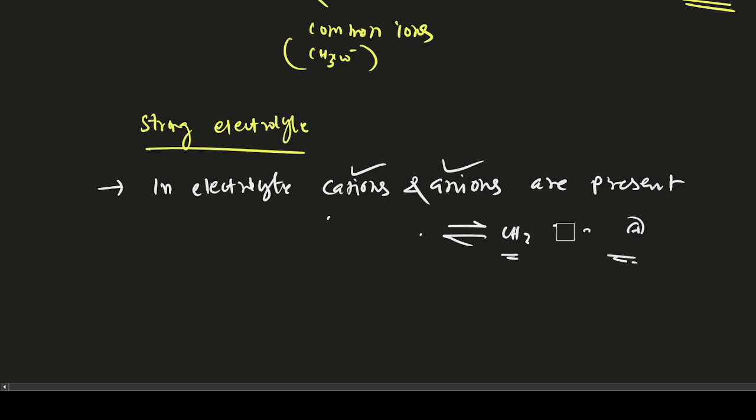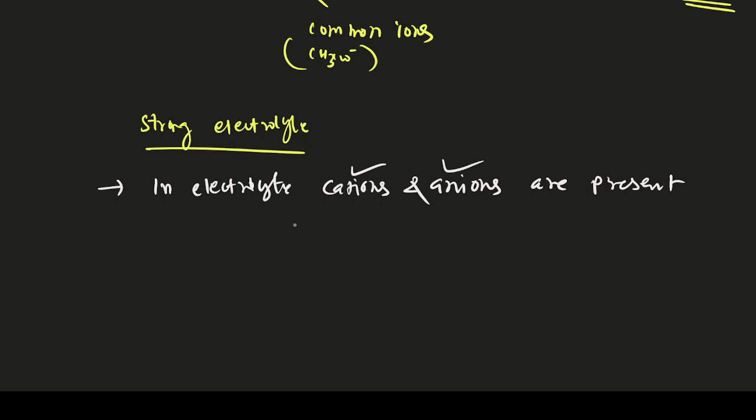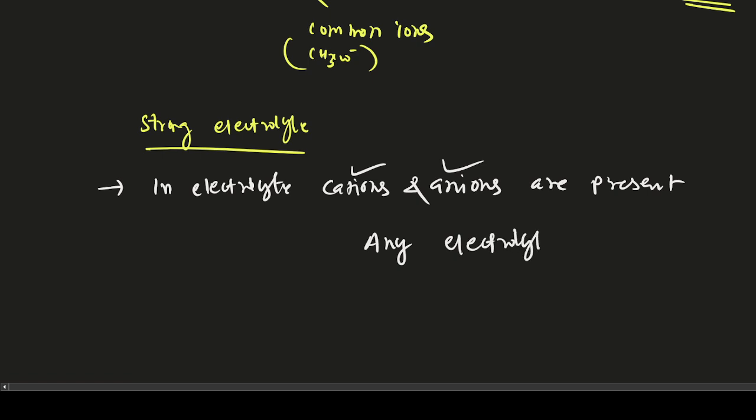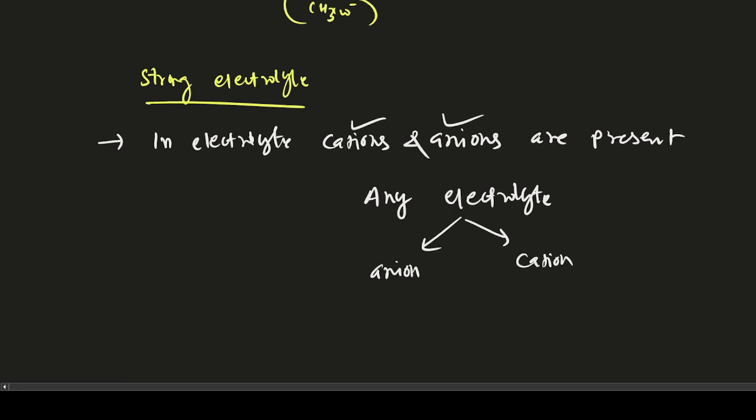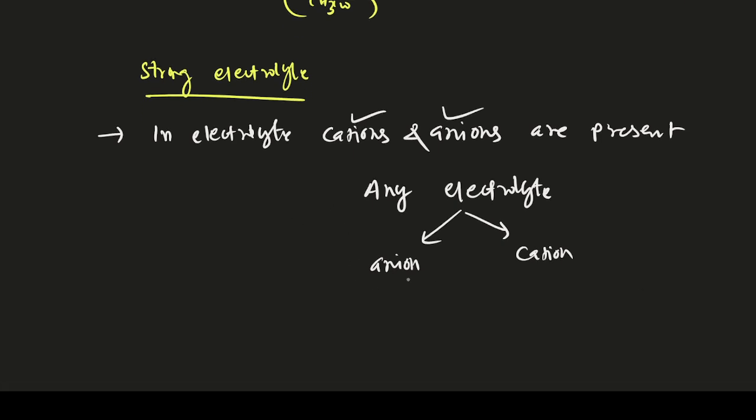Any electrolyte has two parts, one is the anion part, another is the cation part.